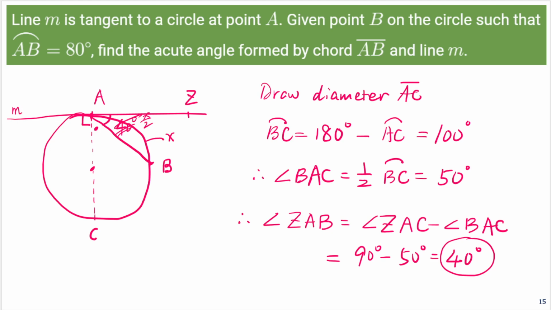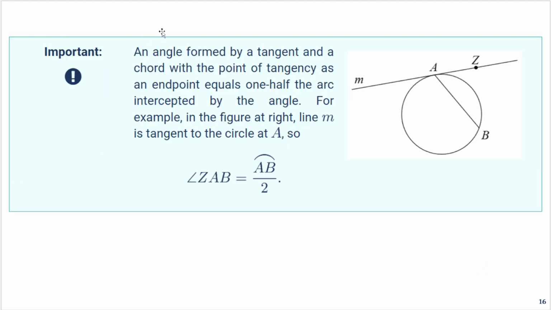Again, this gives us another important property here. An angle formed by a tangent and a chord with the point of tangency as the endpoint equals 1/2 of the arc intercepted by the angle.